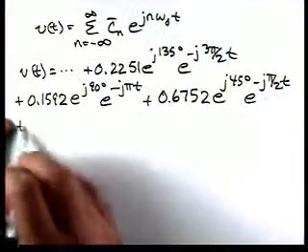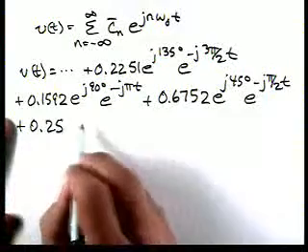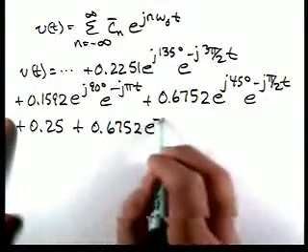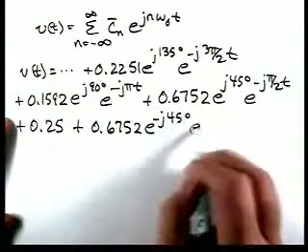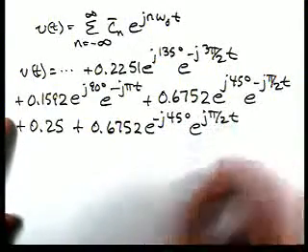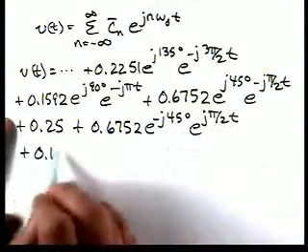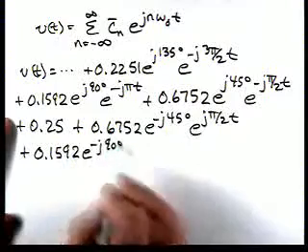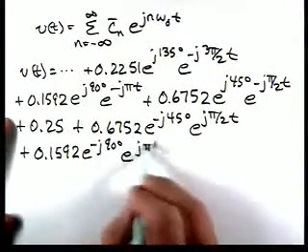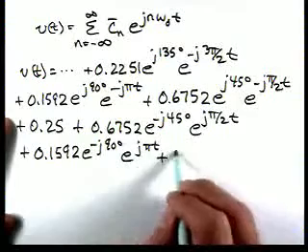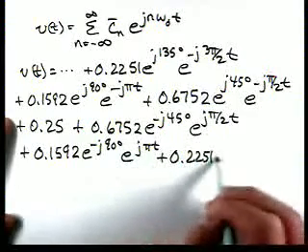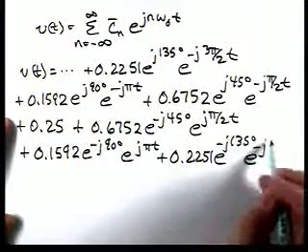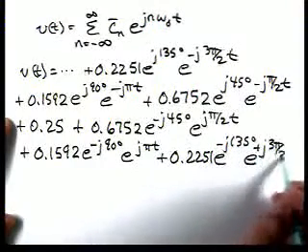plus the average value of 0.25, plus c of 1, 0.6752 e to the minus j 45, e to the j pi over 2 t, plus the c of 2 term, 0.1592 e to the minus j 90, e to the j pi t, and then the c of 3 term, 0.2251 e to the minus j 135, e to the plus j 3 pi over 2 t, and then we could write more terms.